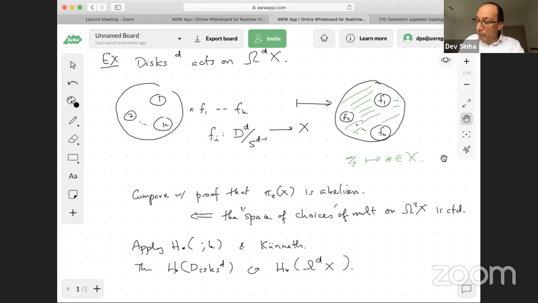But this, from the catch-up lecture, is this Poisson operad. Let me remind you about how this isomorphism goes.